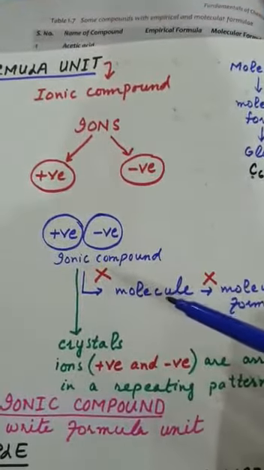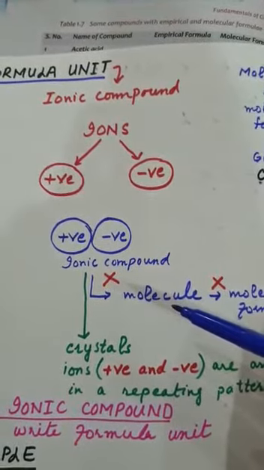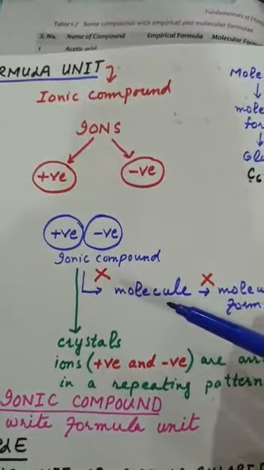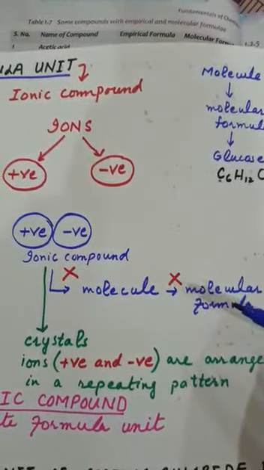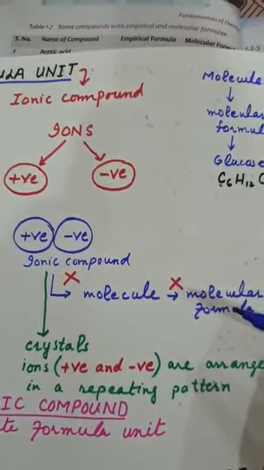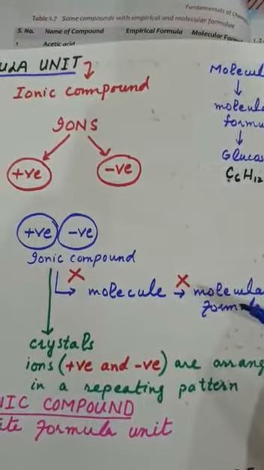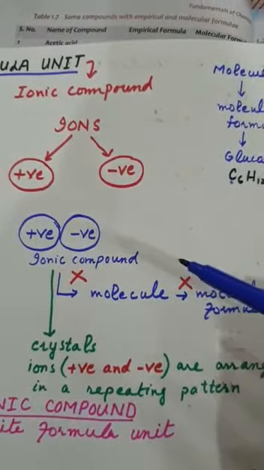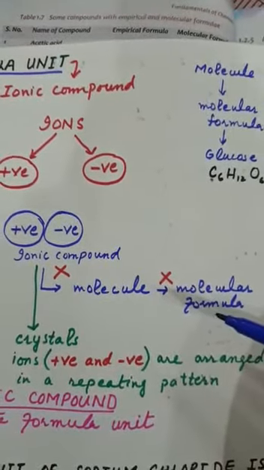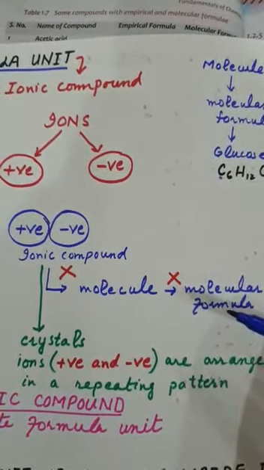Ionic compounds don't exist in the form of a molecule. For that reason, ionic compounds cannot be represented with the help of a molecular formula.